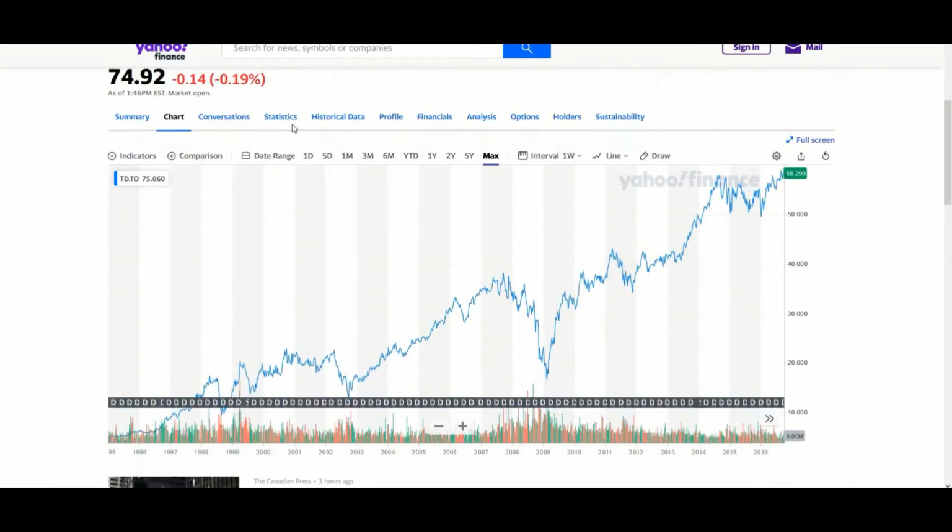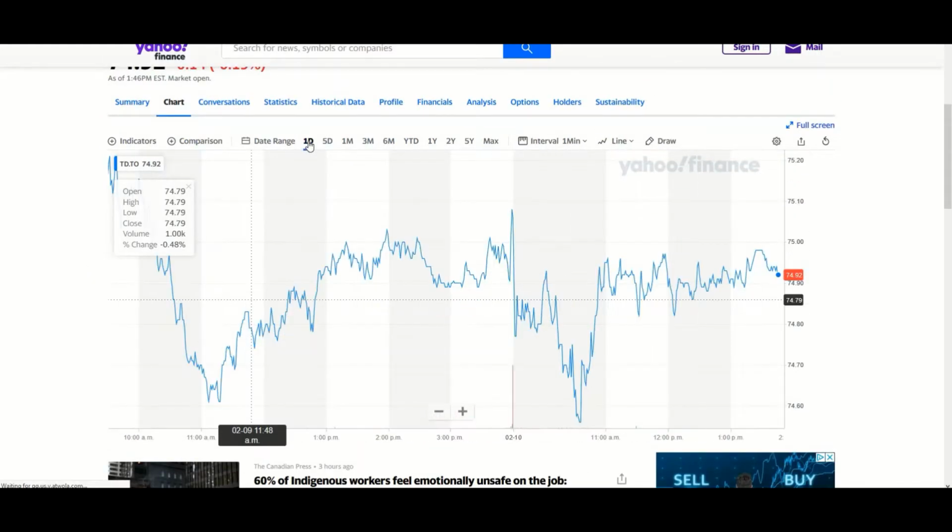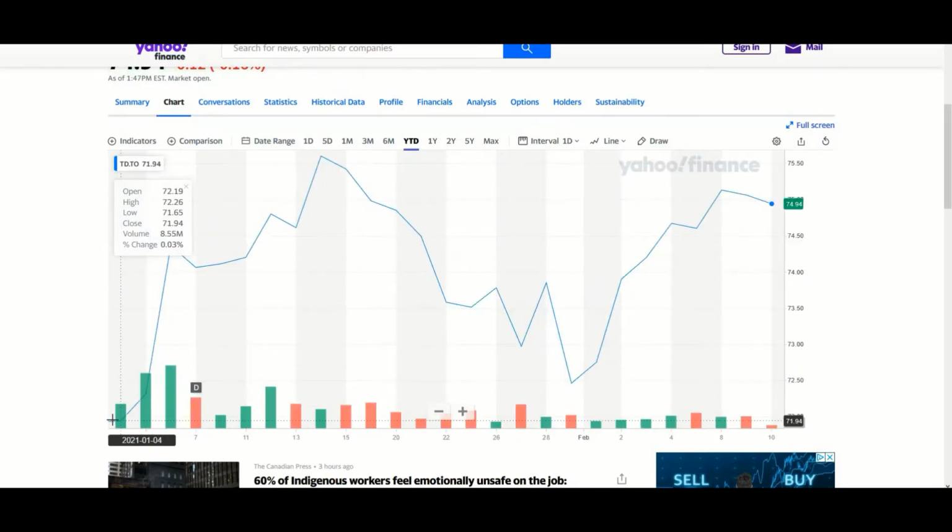And the next tab that I usually use to look into the stock is, if I click on chart, I can see here, if I want to see the chart for one day, how much the stock went up and where the price was during the day. If I want to look at year to date, so let's say starting off the year in January, the price was 72.19 as it shows open, and for today it's 74.94.